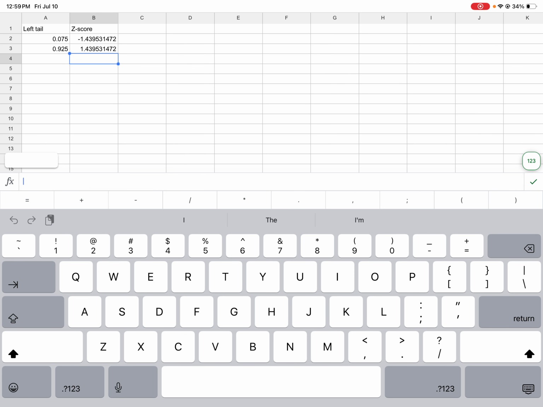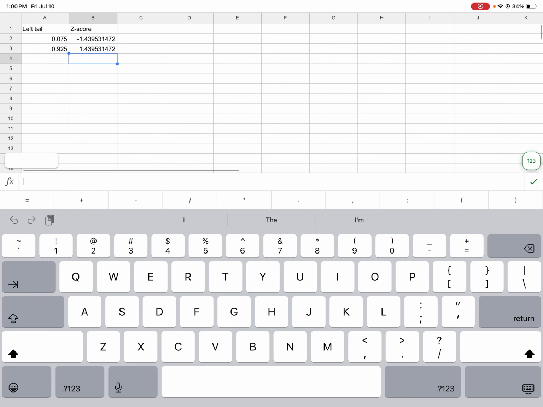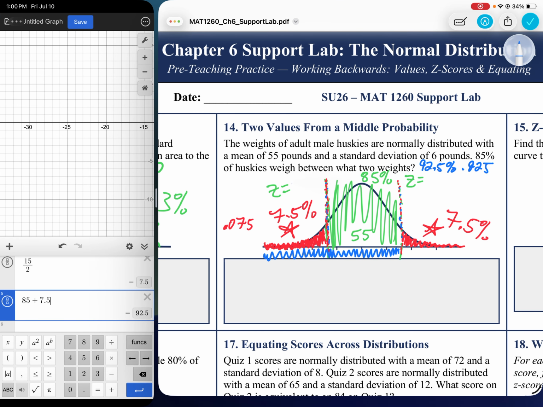And we'll get the z-scores. You're going to notice they're the exact same z-score, but one's positive and one's negative. It's going to be negative 1.440, and this one is positive 1.440.